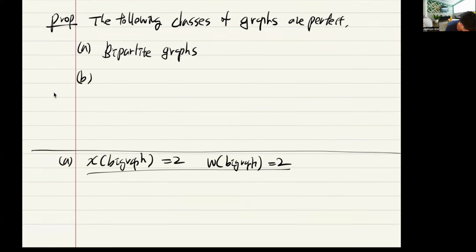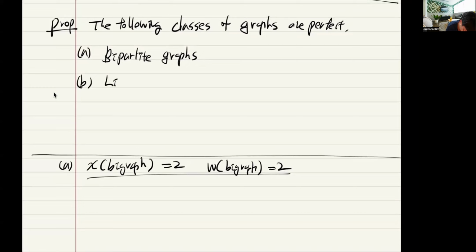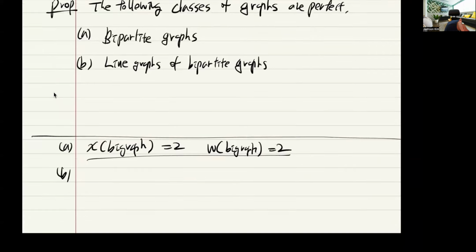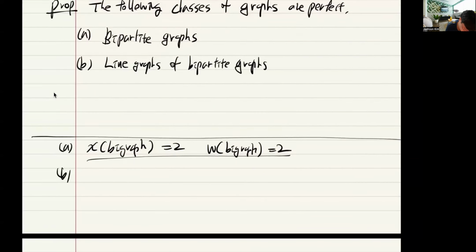Okay, and also we know that the line graphs of bipartite graphs are perfect. Why? If you have a line graph of a bipartite graph, then what's the chromatic number of the line graph?